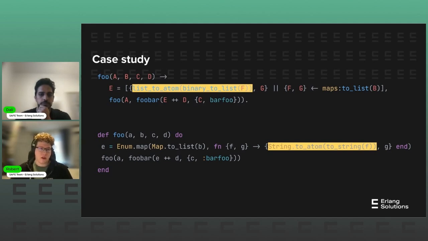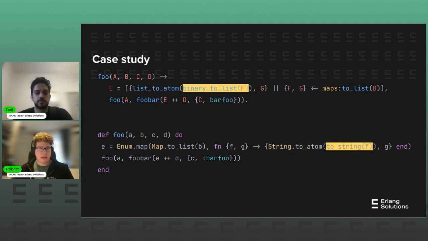This is our possible vulnerability. We call it a candidate. We need to check what happens in the argument of the function call. We see that there is a binary to list in the case of the Erlang version, or a to-string call in the case of the Elixir version. If we go further, we see that in the parameter of those function calls, there is the variable f, which is coming from the lambda or the function header, or from the list comprehension.